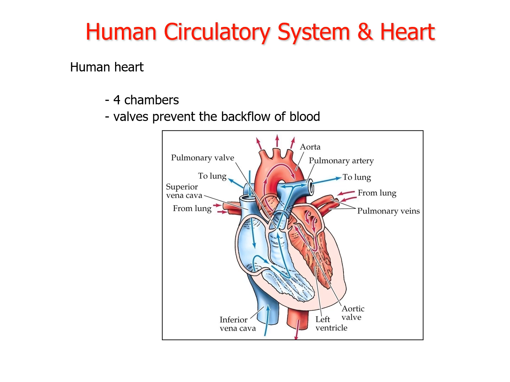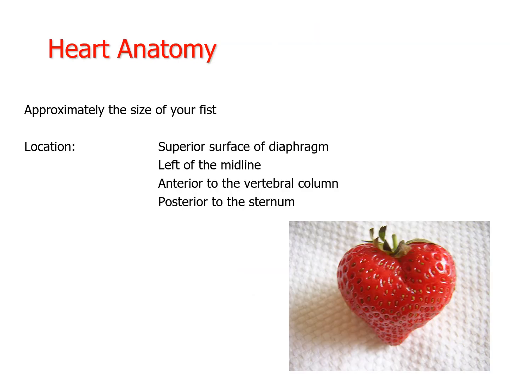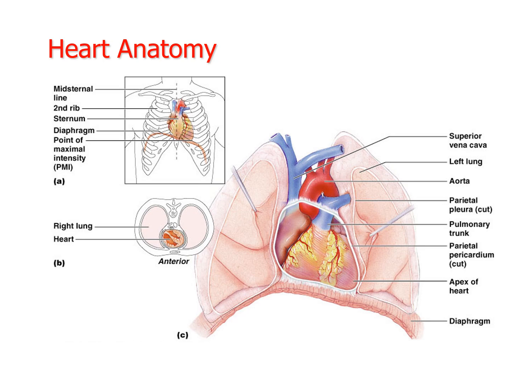There are, as I said, 4 chambers in the human heart, and there are valves that prevent any backflow, so you don't get any reverse flow, for example, from the ventricle back up into the atrium on either side. In terms of the size, it's about the size of a fist, and it's located more to the left side of the chest.